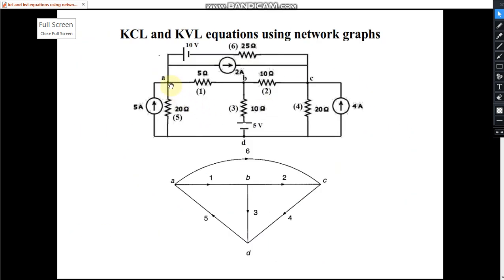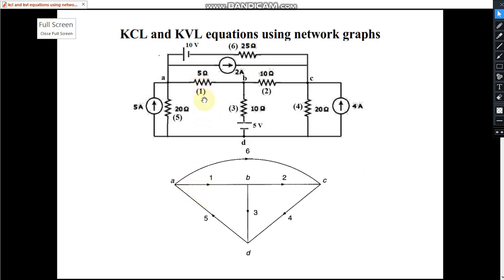Let us go back. So this branch represents this impedance and this current source. Similarly, in this branch, what are we having? This is branch number 3, we are having a resistance and we are also having a series voltage source, and again in this branch there is resistance and in parallel there is a current source, and this is only impedance, branch number 2, branch number 1.